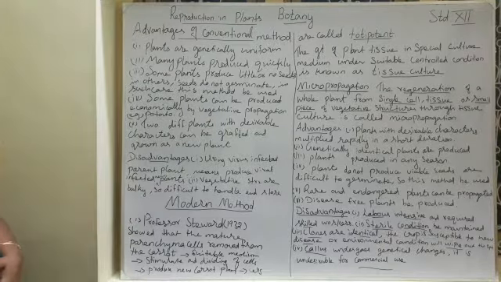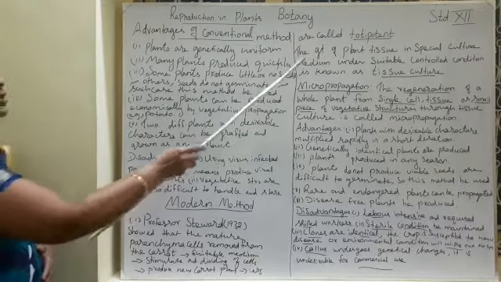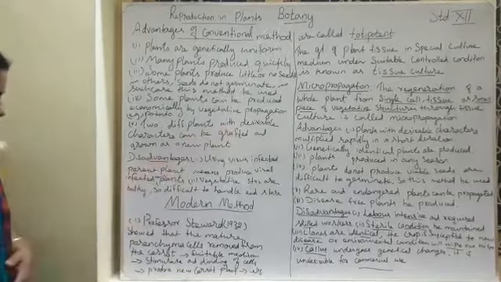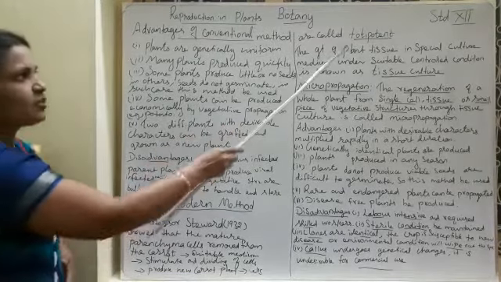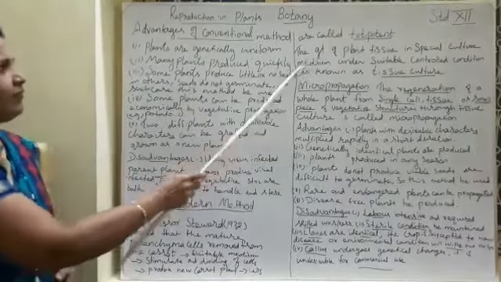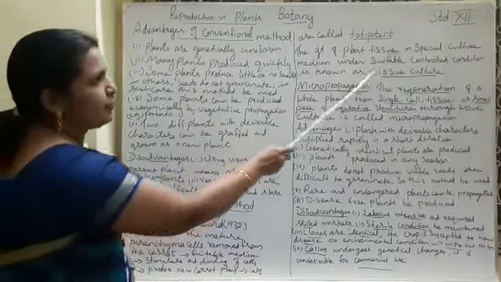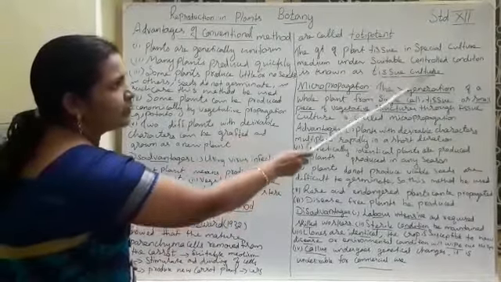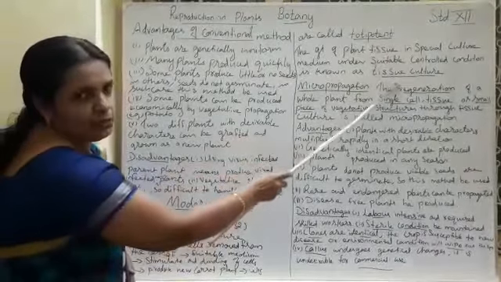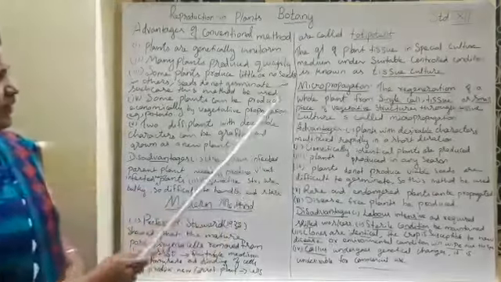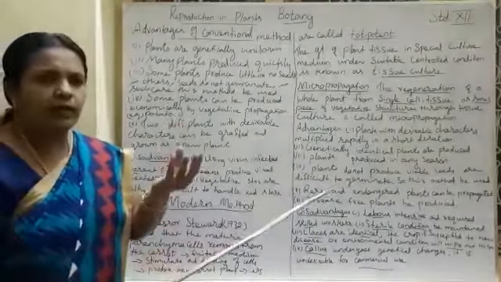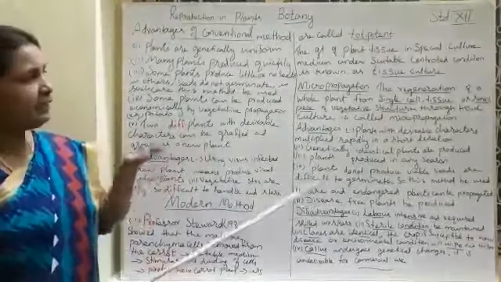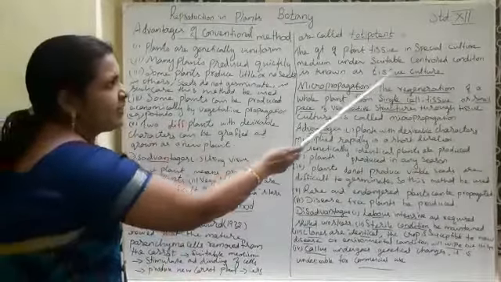How is it possible? That property is totipotency. The growth of plant tissue in a special culture medium under suitable controlled conditions is known as tissue culture. Here we take one cell or tissue, and that tissue is placed in a culture medium.